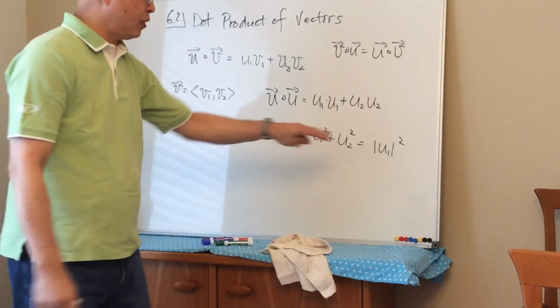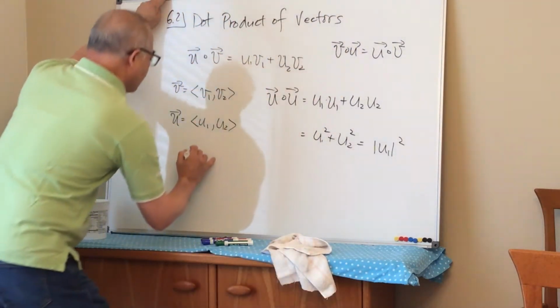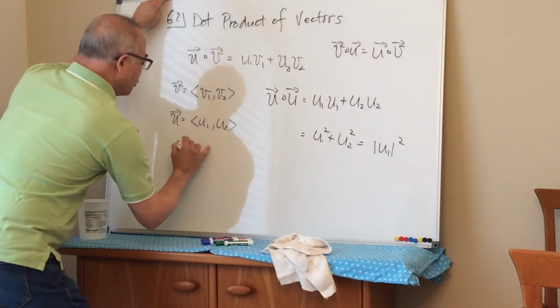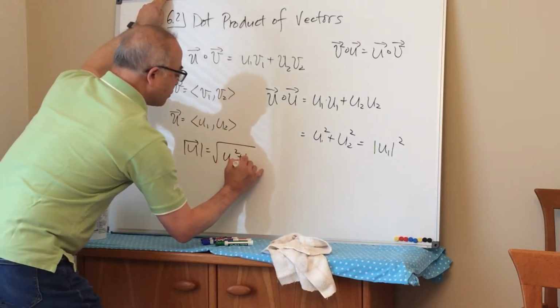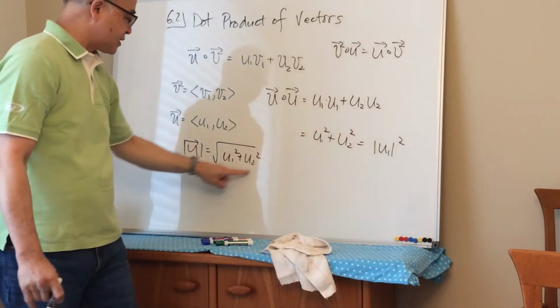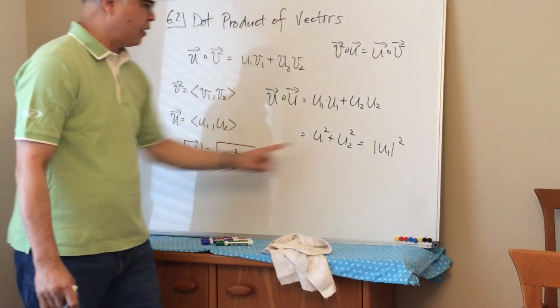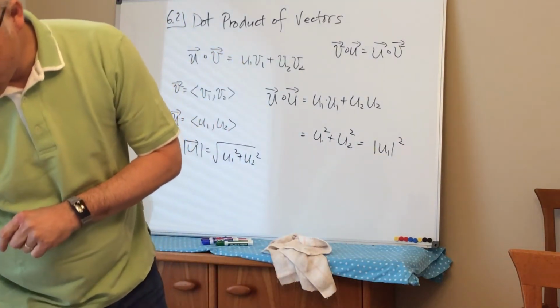Because remember, the magnitude of u is the square root of u1 squared plus u2 squared. So this guy here is this guy here squared, okay? And that is property number 2.